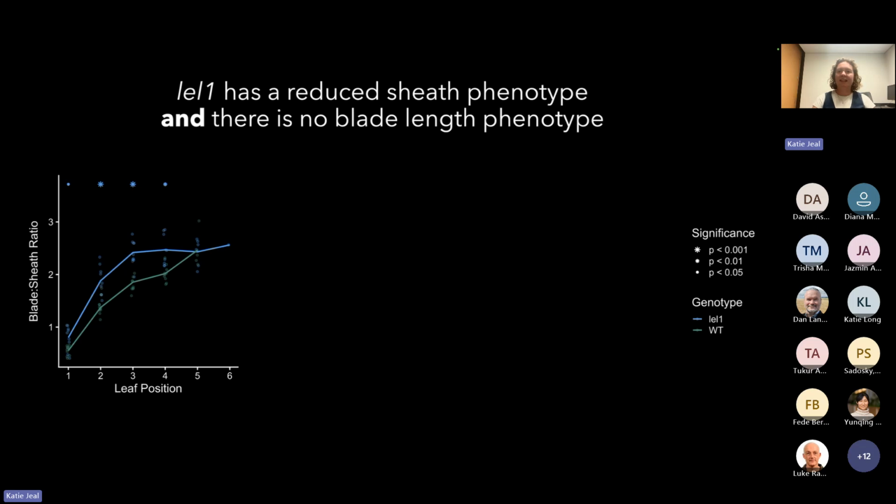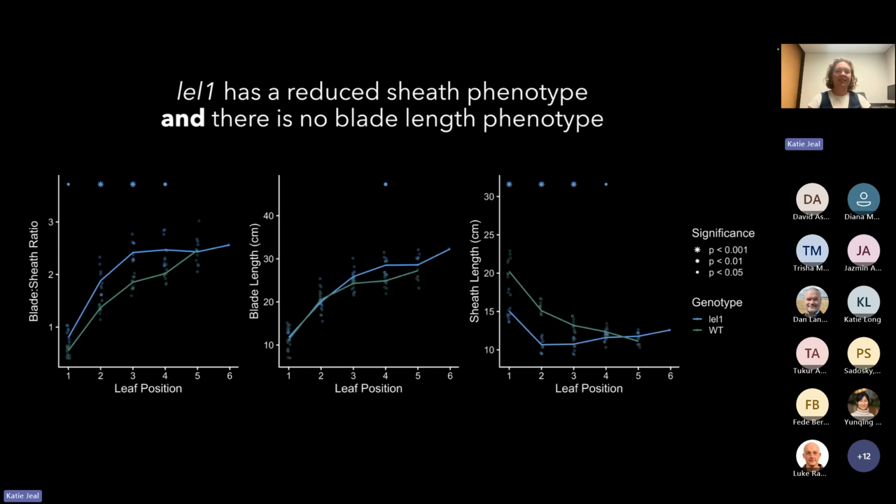We see a decrease in sheath length in our leafy lemma mutants, while there is no effect on blade length. And there's a significant decrease in the blade to sheath ratio.